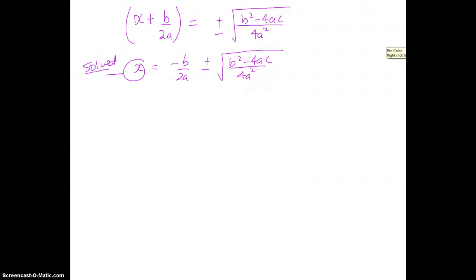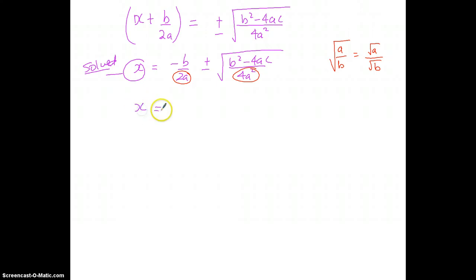Okay. So the first bit I want to draw your attention to is this. 2a, 4a squared. You might notice the relationship between those. This one is 2a squared. So just going back to some radical work, if you had a fraction, a over b, you can separate that, can't you? So we're going to apply that over here.